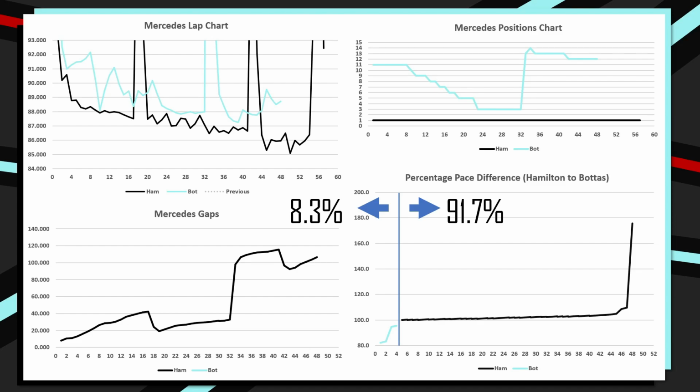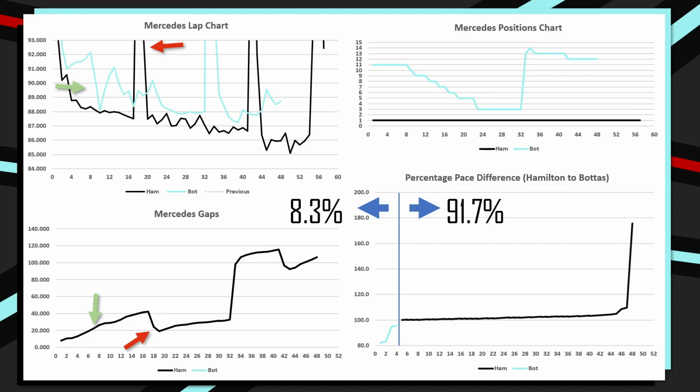But turning our attention to the gaps chart, we can see a ridiculous 2-second advantage, at times 3-second advantage between the two drivers, with Lewis Hamilton setting lap times in the low 1 minute 28s and Valtteri Bottas being in the 1 minute 31s. This extends the gap all the way to 40 seconds by lap 14 as Valtteri Bottas is struggling to get through the traffic.